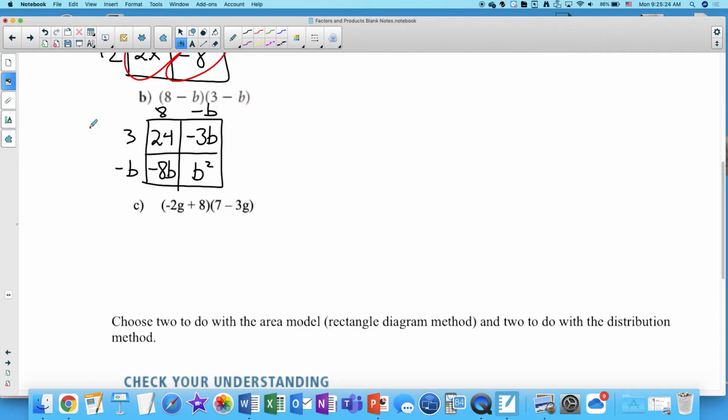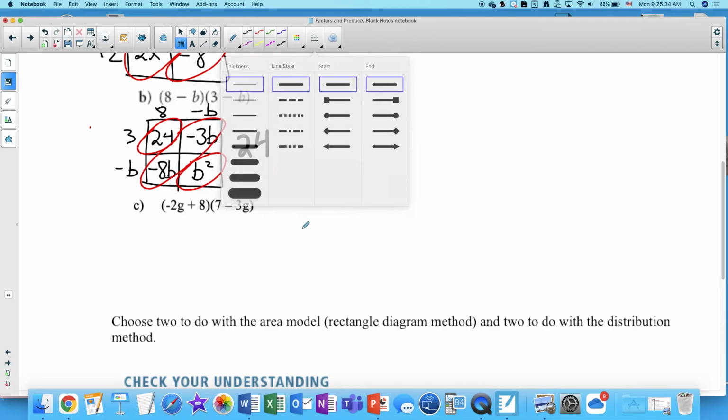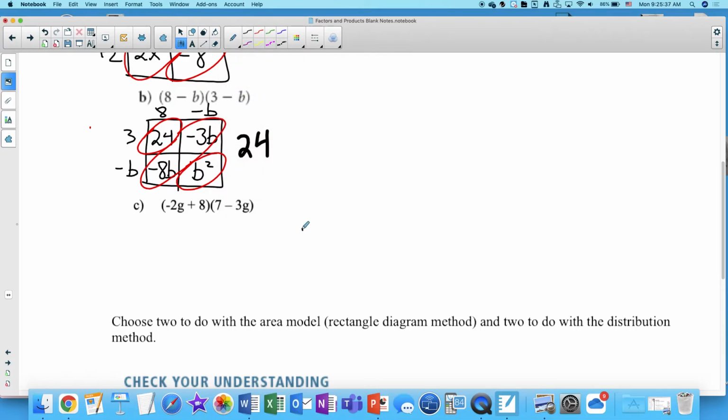So all together, that is 24. Negative 3 minus 8 is minus 11b plus b squared. Okay, and then if you wanted to, you could rearrange the order of the terms here. You don't have to.